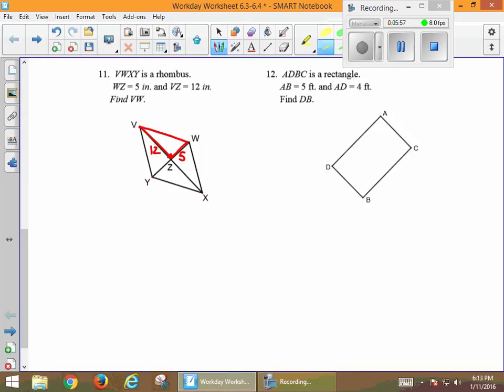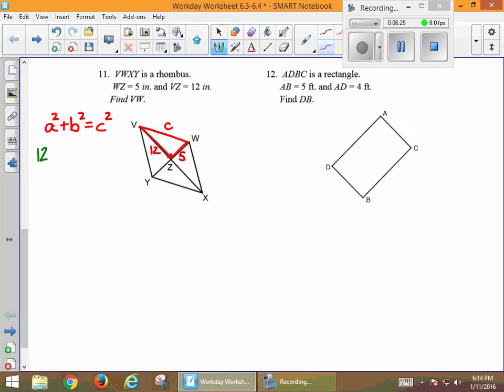So I know that right triangles have the Pythagorean theorem, that a squared plus b squared equals c squared, where c is the hypotenuse. Well, that's what I'm trying to find. I'm trying to find the hypotenuse. So I will call this side, since it's the hypotenuse, I will call it c. A and b can be either of the two legs.